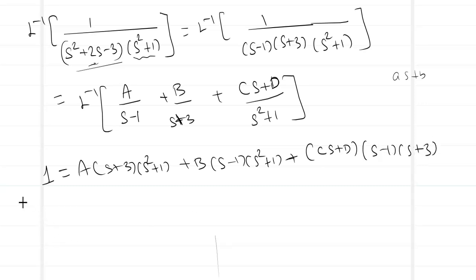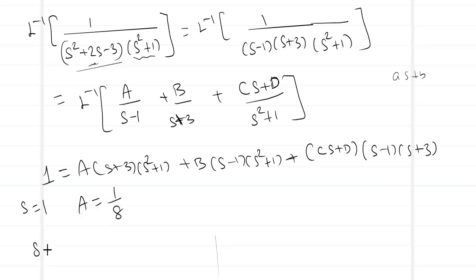Now you can substitute s equal to 1 because you have s minus 1. When you put s as 1, what will happen? Your b will vanish, your cs plus d will vanish, leaving you with a. And the value of a can be obtained as 1 by 8.